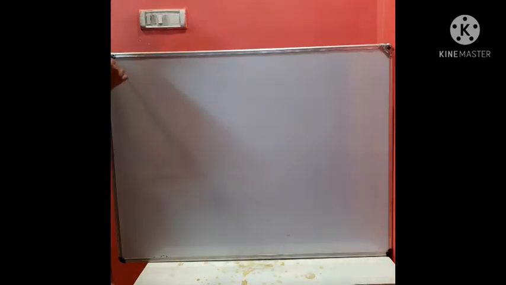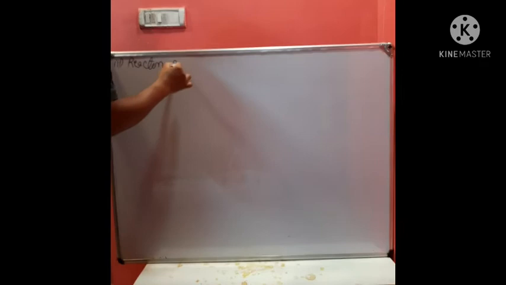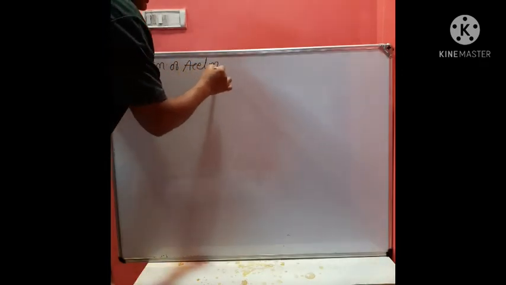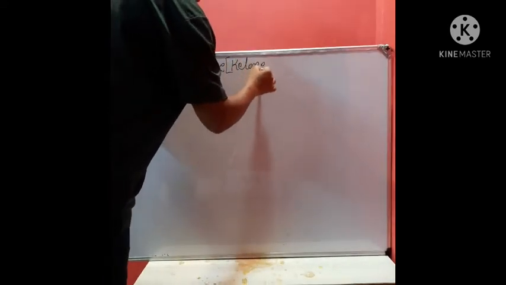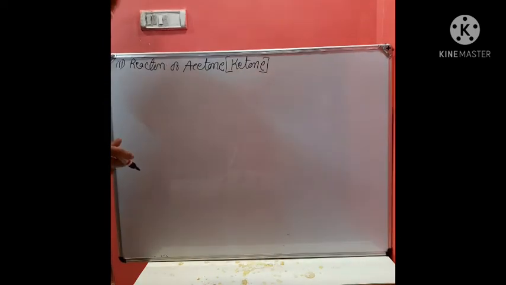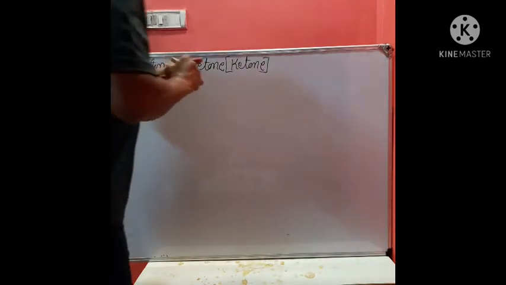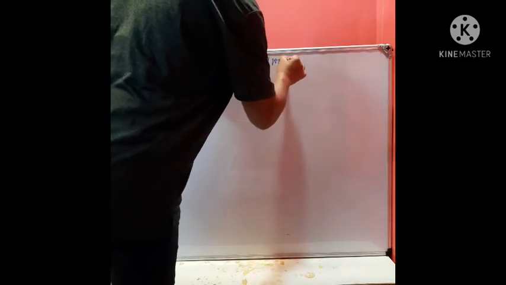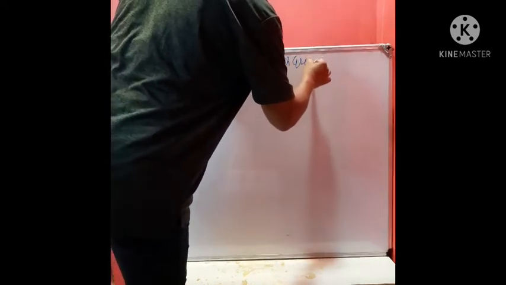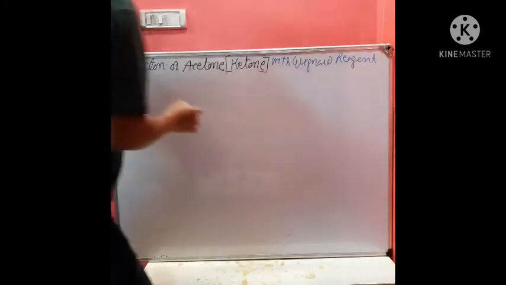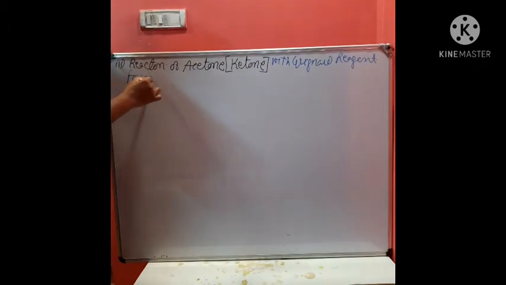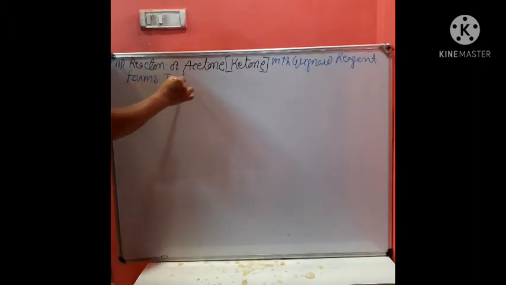So student, the third reaction of the same reactant is the reaction of acetone, or you can simply call it ketone. Ketones also have a carbonyl group. A ketone with a Grignard reagent forms a tertiary alcohol.